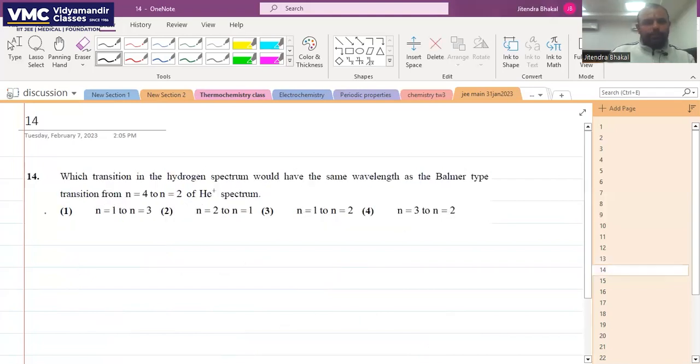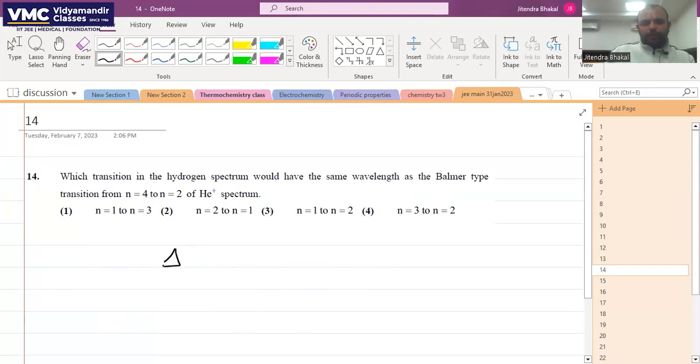Question number 14. Which transition in the hydrogen spectrum would have the same wavelength as the Balmer type transition from 4 to 2 in the He+ spectrum? Now, for the same wavelength, if there is the same energy difference between orbitals, then the wavelength will also be the same.